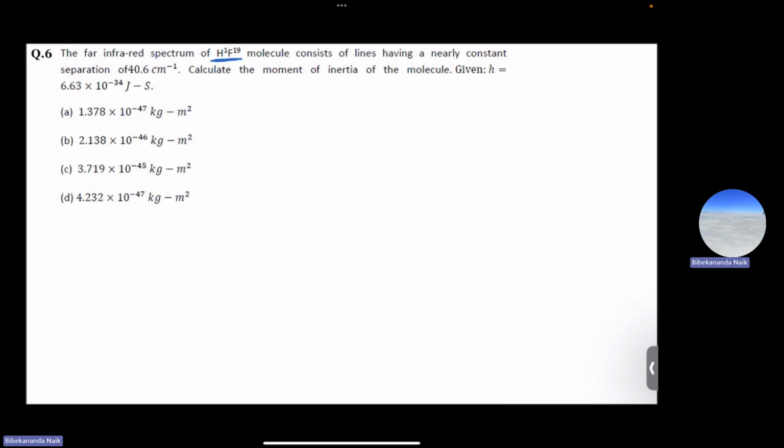So now solving the question. Again, if you see the far infrared spectrum of HF molecule consists of lines having a nearly constant separation, and the separation is 40.6 centimeter inverse, and we know this 40.6 centimeter inverse is nothing but the value of 2B. So 2B is 40.6 centimeter inverse.